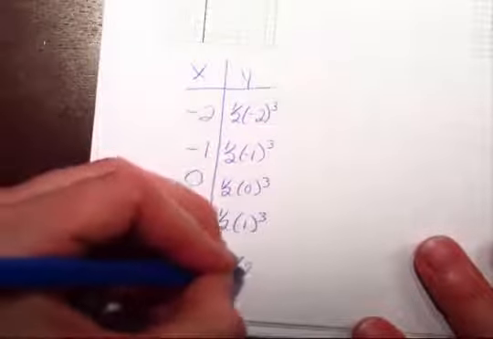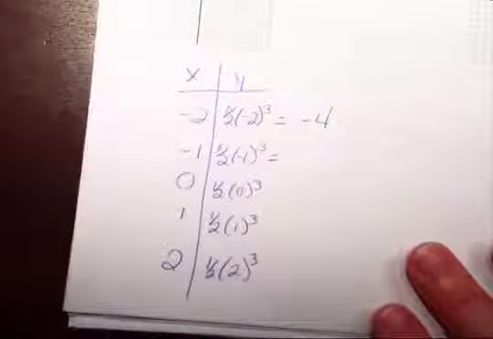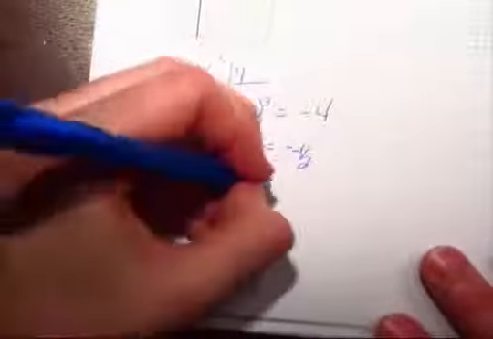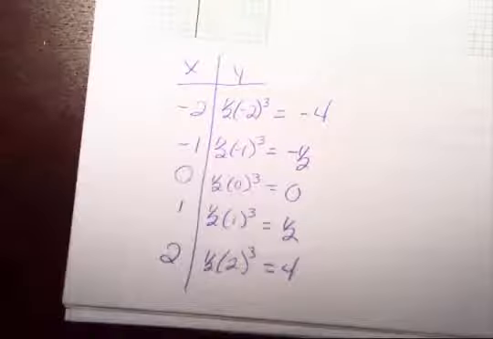And 1/2 times 2 to the third power. Let's plug all those in. -2 cubed is -8 times 1/2 is -4. -1 cubed is -1 times 1/2 is -1/2. This is 0, and then these are just positive of what's above.